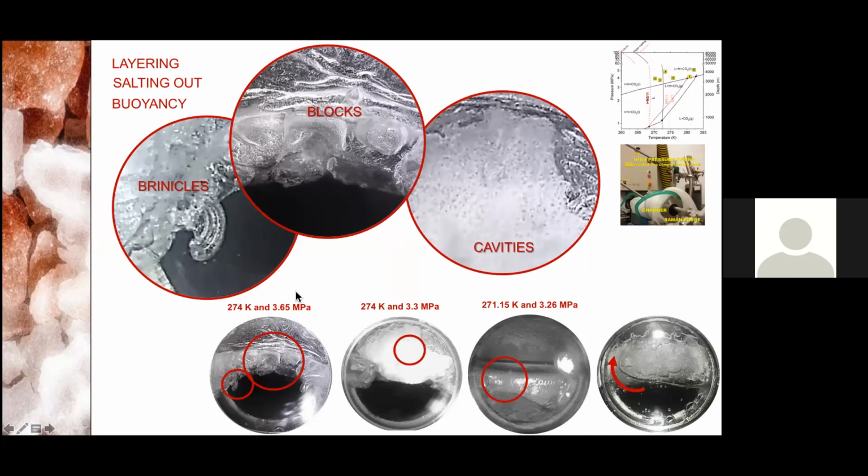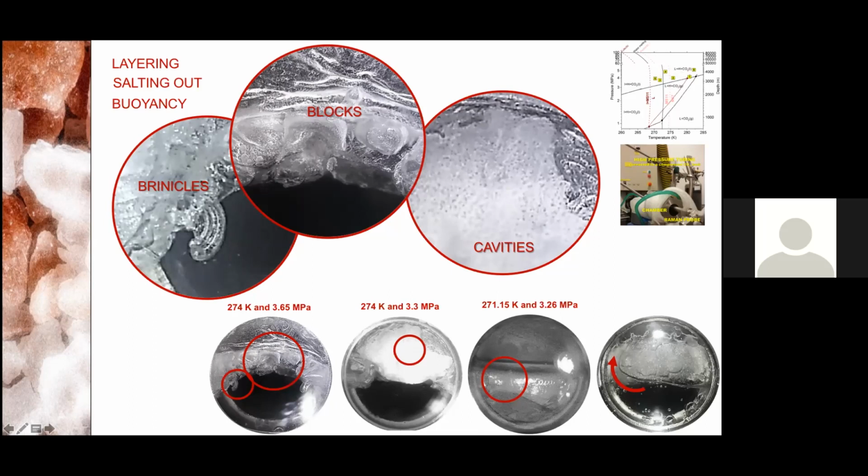So at different moments, we observed the formation of layers, layers with different aspects, different features. Always clathrates at the top because the density is lower than the brine. And sometimes the salts at the bottom.